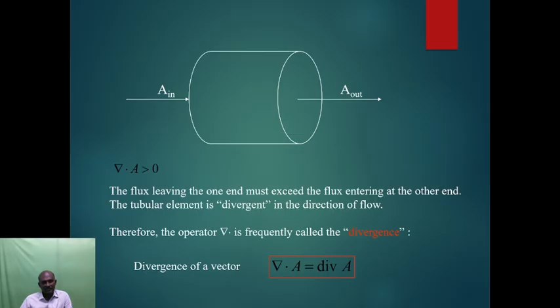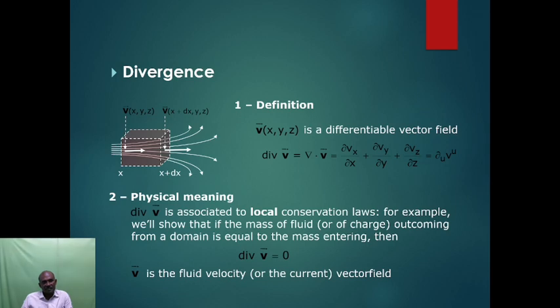Then divergence. Divergence of any vector is nothing but the product of the differential operator and that particular vector. So del dot A is the divergence of A. For an incompressible fluid the divergence is 0 because of local conservation law.